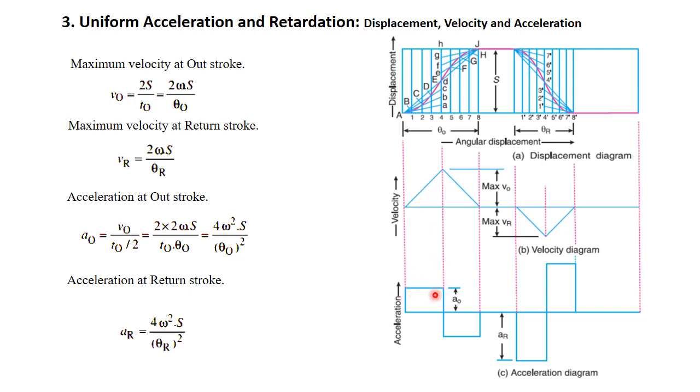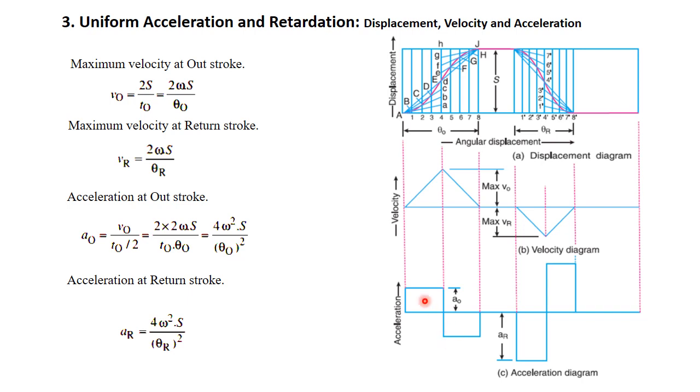Therefore, the acceleration diagram shows us a horizontal nature during the first half and second half of the outstroke. In a similar manner, during the first half and second half of the return stroke. The only change is that during the first half there is positive acceleration, and during the second half there is negative acceleration, which can also be called retardation.